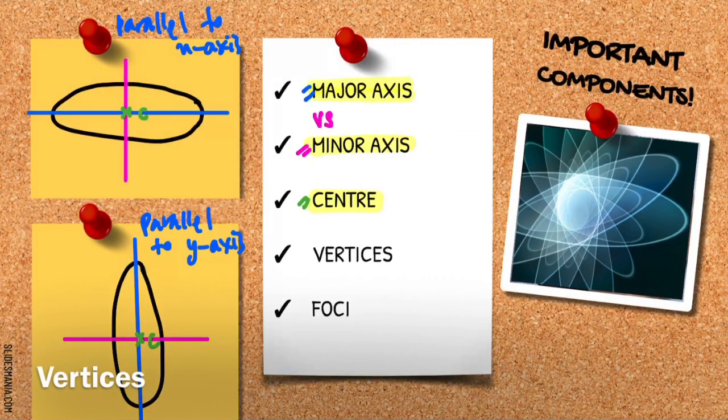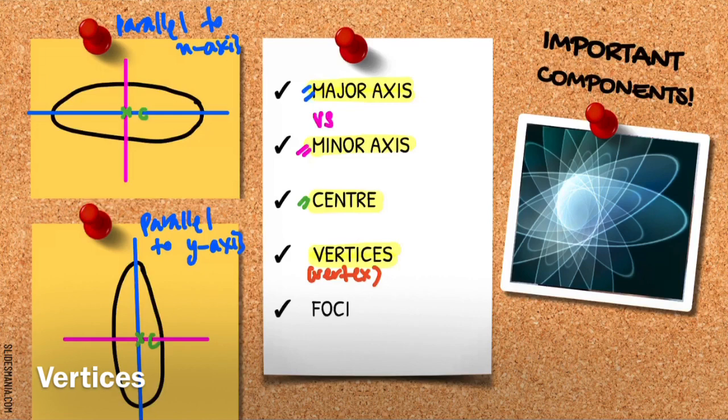Let's see the next one, which is vertices. Don't get confused with vertices. We have learned this before in parabola, but we used the word vertex, where your vertex is the point that cuts through your axis of symmetry. Vertex is singular; if you want to call it plural, it is vertices.